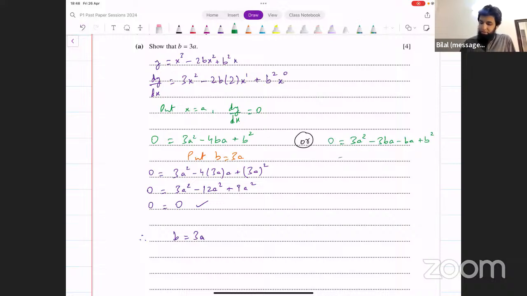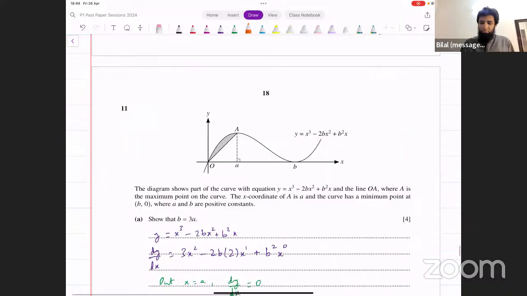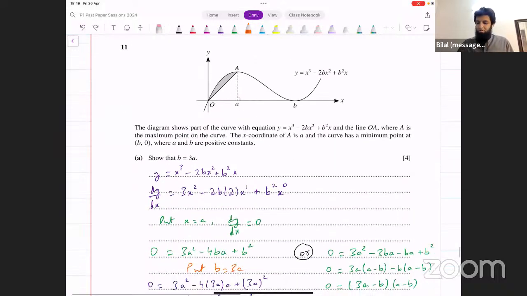Let's see what that gives us. 3a into a minus b, minus b, you have a minus b. You get two factors from this, 3a minus b and a minus b, which means either b equals 3a or b equals a. This is not possible because b and a are not the same points. These are different points. So we get b equals 3a.